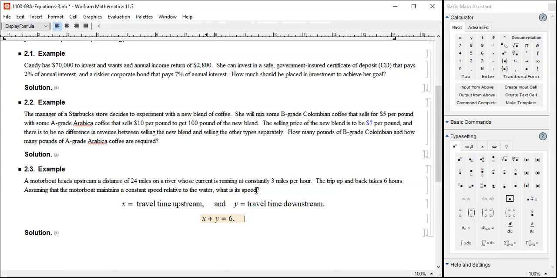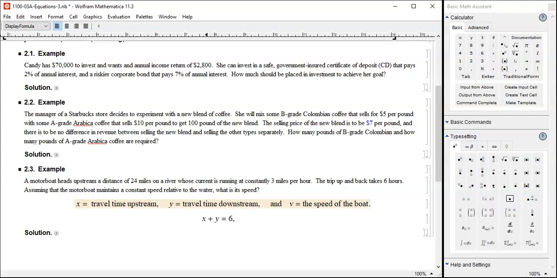Well, okay, what is the speed of the boat? Of the boat. Okay, let's set up like this.